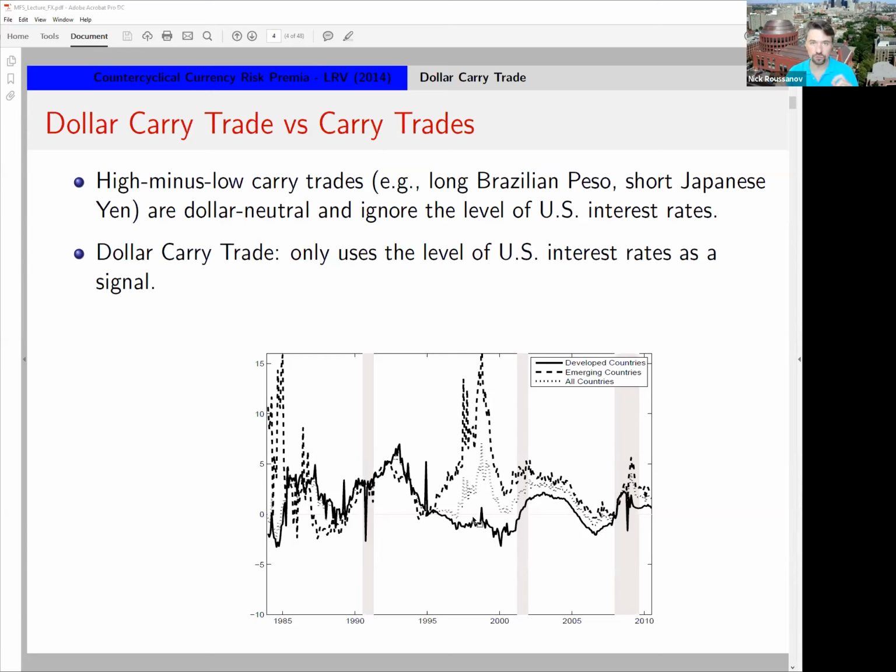So in what I'm going to talk about going forward, the dollar carry trade is formed by looking at the interest rate differential between the US and a group of developed countries, in particular, not in all of this work, but you can specialize it to even the most liquid currencies, the so-called G10 currencies, although in much of what I'm going to do, we use a larger basket of developed country currencies to construct what we call the average forward discount, which is this average interest rate differential between foreign countries' interest rates and the U.S. interest rate.